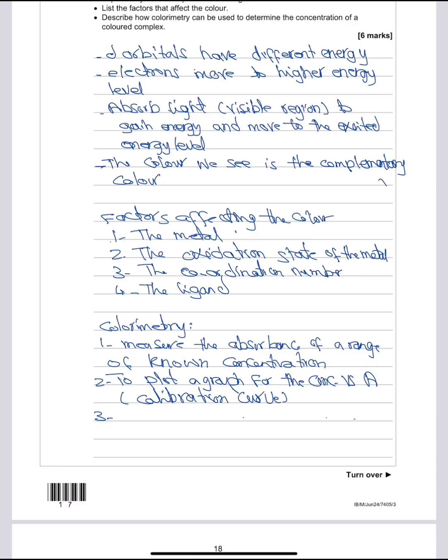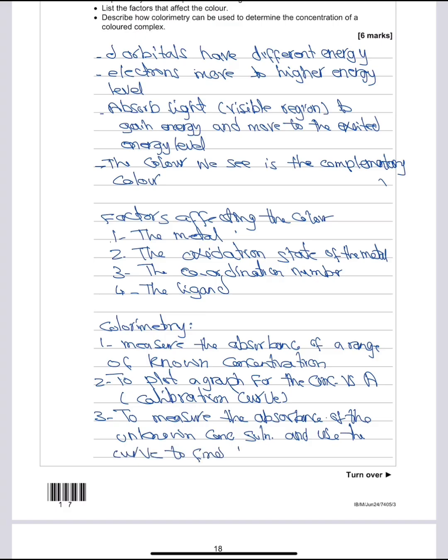And then the third stage is to measure the absorbance of the unknown solution, the solution of unknown concentration, and use the calibration curve to find the concentration.